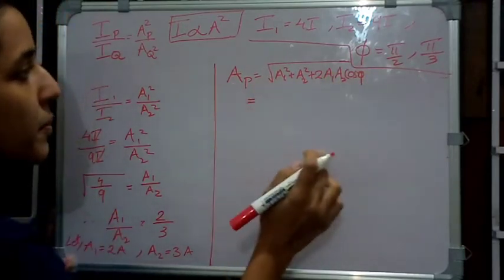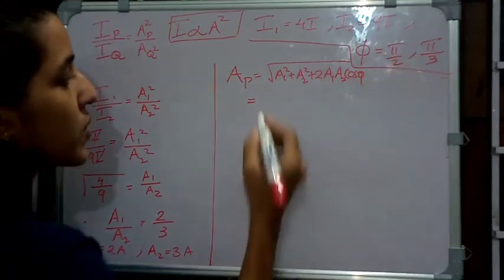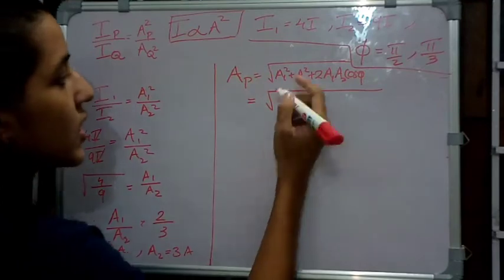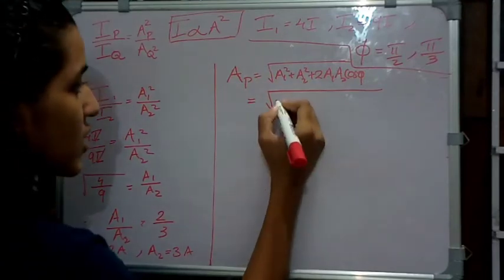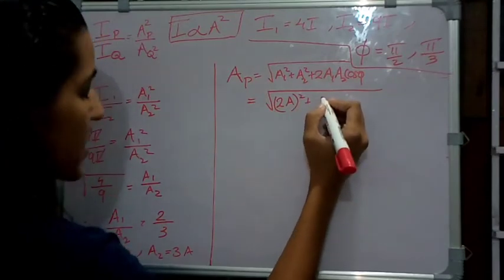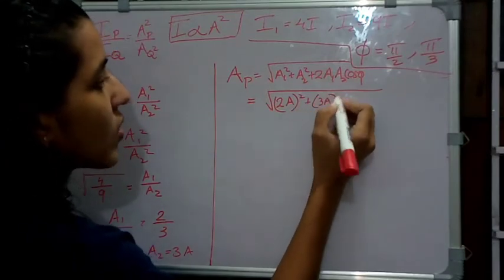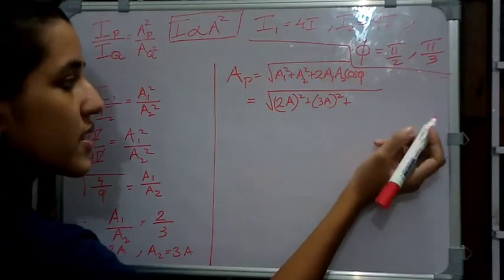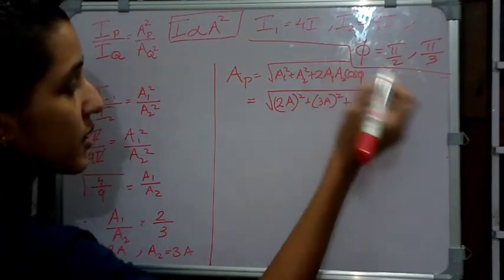So at point P, the phi value is pi by 2. So on substituting that along with these A1 and A2 values, A1 value is 2A whole square plus A2 value is 3A whole square. Since cos phi, that is cos pi by 2, is 0, the entire term becomes 0.